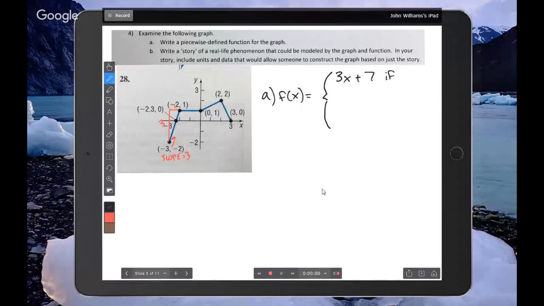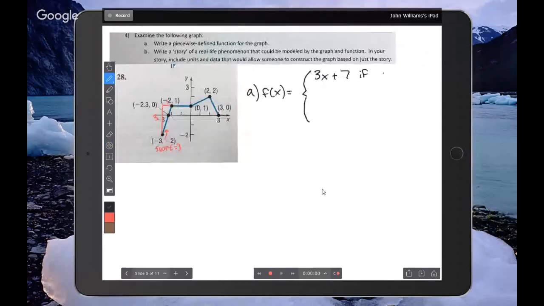Let's see, we're between negative 3 less than or equal to x less than or equal to, no, negative 2, not bad. Negative 2, that's better. Next section is just 1. So 1, if we're between negative 2 less than x less than or equal to 0.